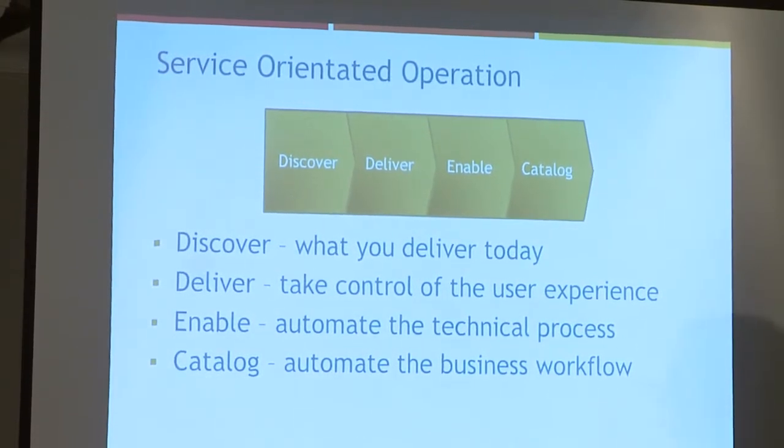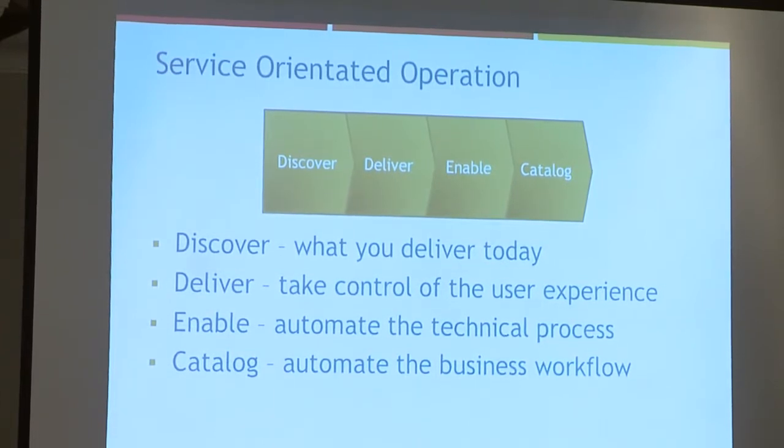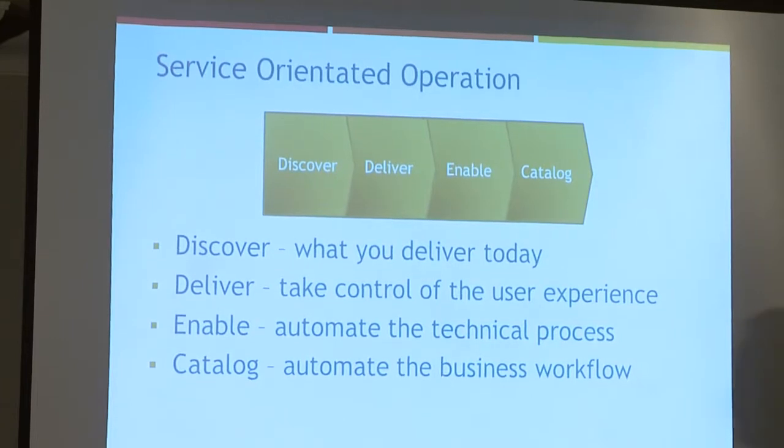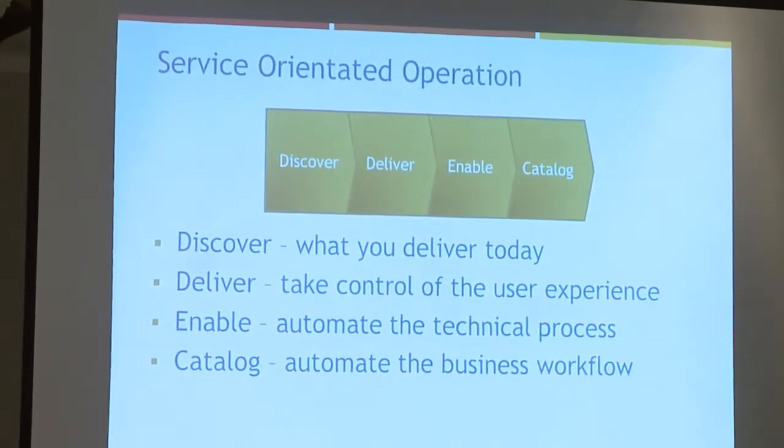Easy to talk about, not so easy to do unless you really understand what you've got out there today, and start to take control of how you deliver those services to users today. Once you've got that degree of control and you can actually enable the services, at that point a service catalogue becomes a feasible proposition. So discover the services that you deliver today.